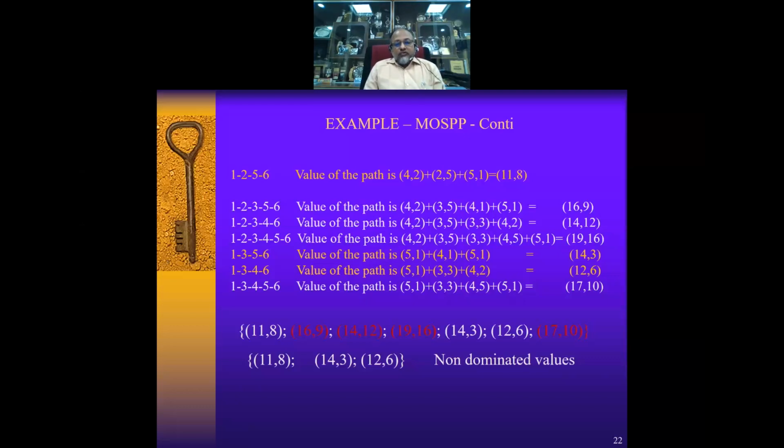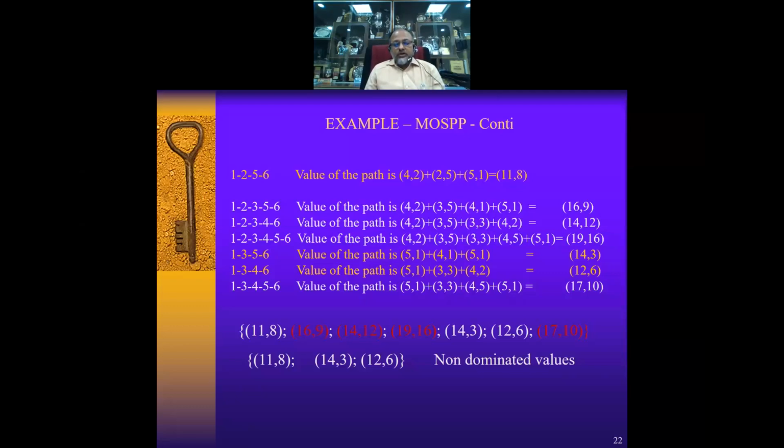Similarly, 14, 12 is also dominated by 11, 8, so excluded. 19, 16 is also dominated by 11, 8, so that has also been excluded. Then 17, 10 is also excluded, because the non-dominated values dominate 17, 10. Therefore, ultimately, we got 11, 8, 14, 3, 12, 6 as the non-dominated values.